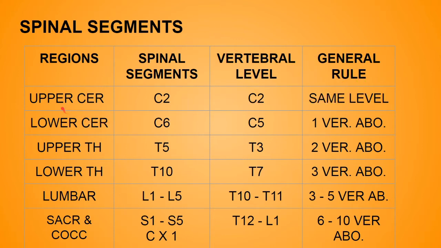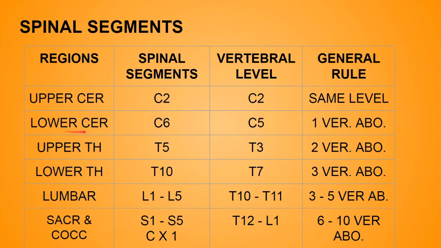First of all, the upper cervical region. In the upper cervical region, for spinal segment suppose C2, the vertebral level is the same, that means at the same level. While in the lower cervical region, around C6, the vertebral level is one level above, that means C5. So the general rule here is one vertebra above.